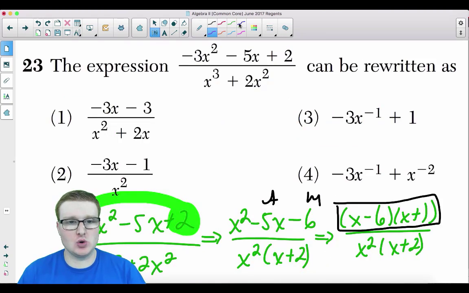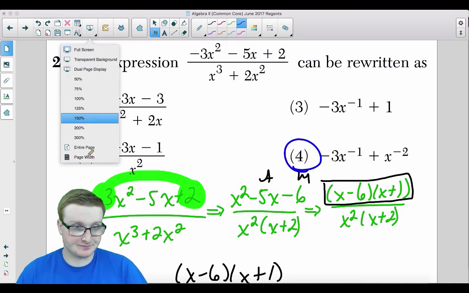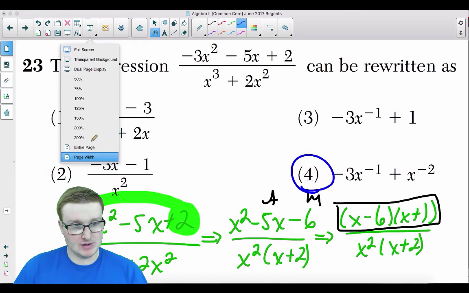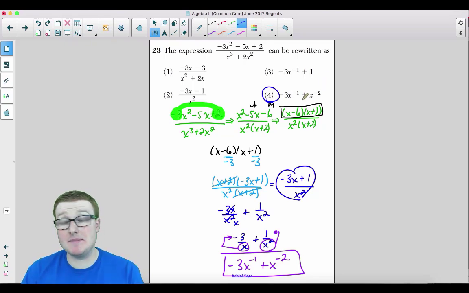That corresponds to choice 4. And that, ladies and gentlemen, is the answer to that question. I do not like the fact that they start manipulating exponents and making things negative, because that's really an improper way to write exponents. You really shouldn't be writing negative exponents, but whatever, that is the answer.